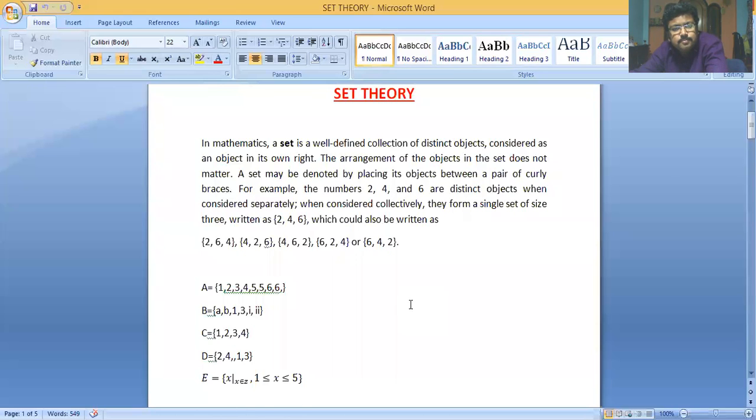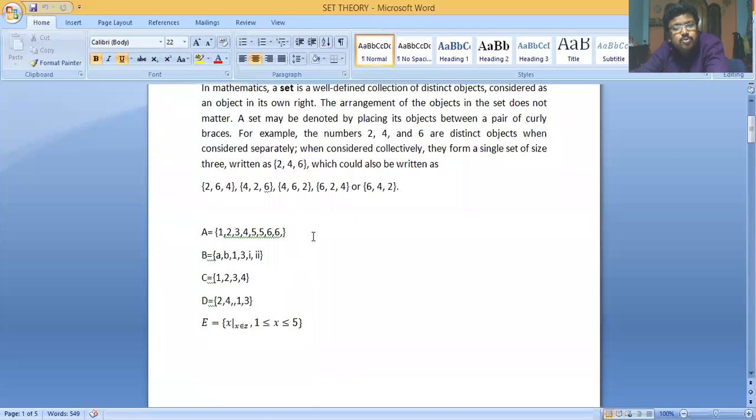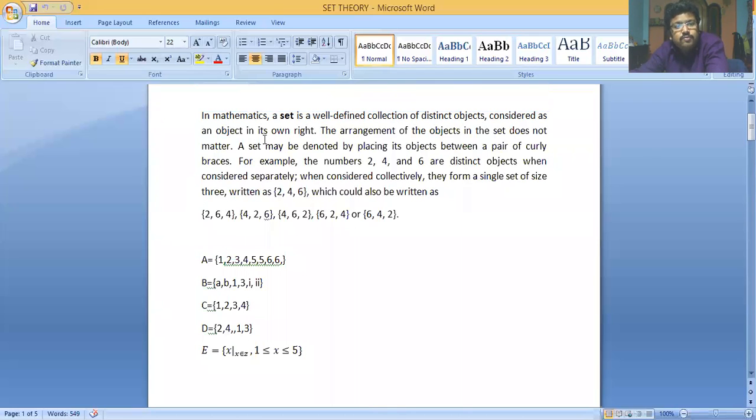Now, look, here we have A, B, C, D, and E. These five are given as sets. Which one is correct? If I ask you which one is correct, then on the basis of the definition, a set is a well-defined collection of distinct objects.